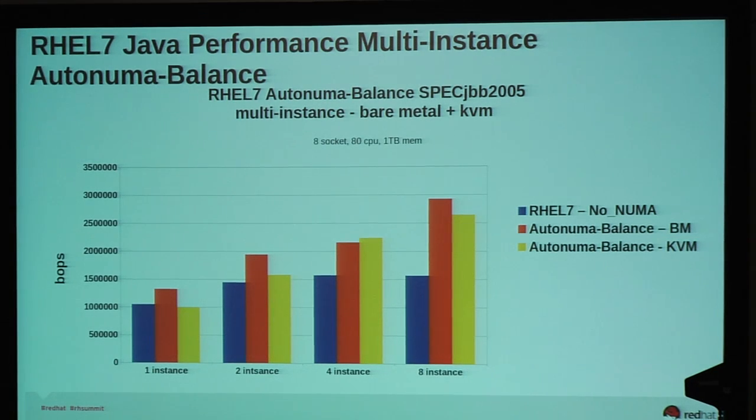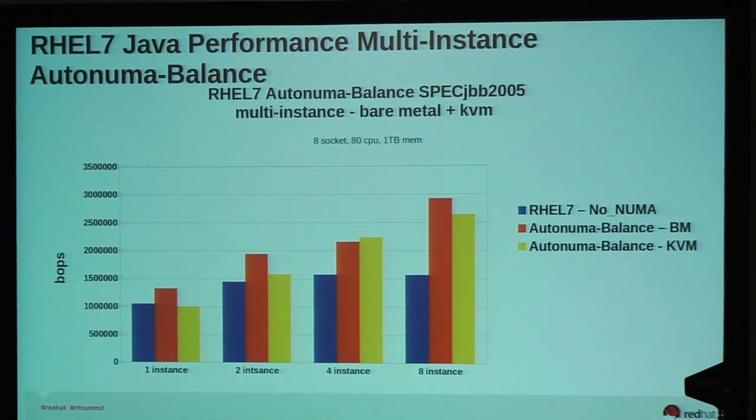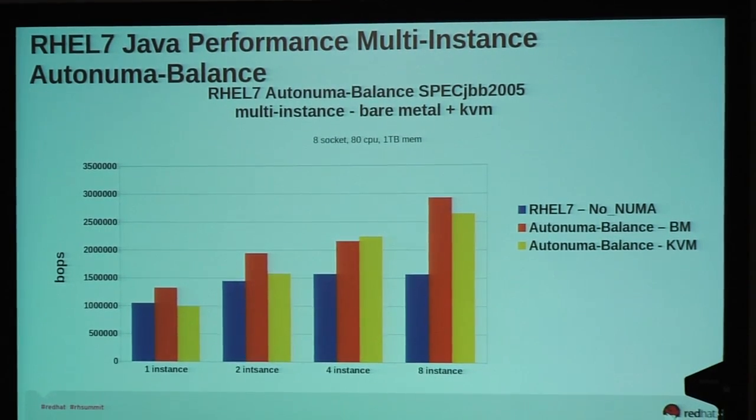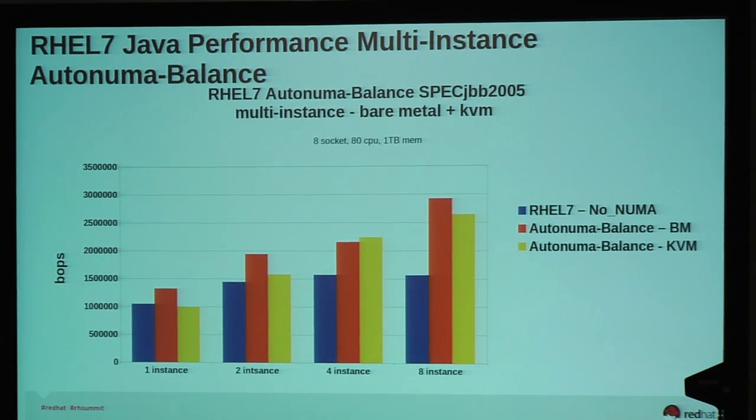The yellow is actually what the KVM guest did. And you can see KVM has a small fixed overhead. We're seeing our hardware partners continuing to optimize new instructions for virtualization, but we're almost to the point of diminishing returns because it's now single digits, 3–5%, where it used to be 20–30% overheads with virtualization.